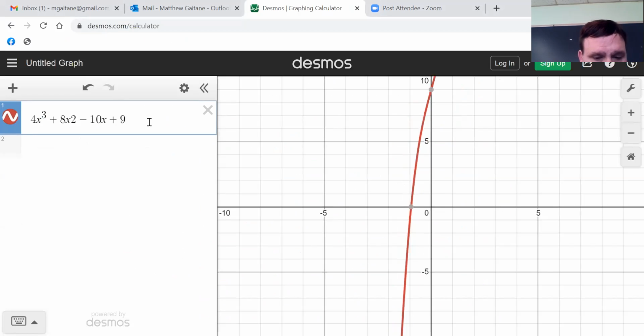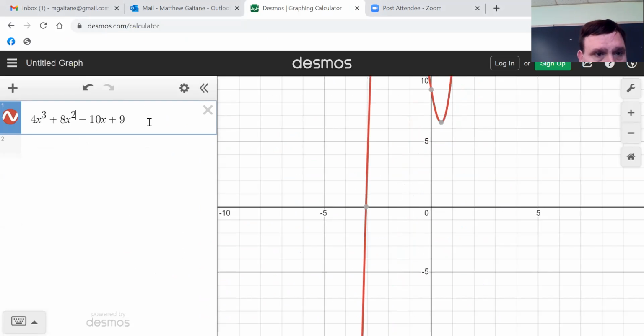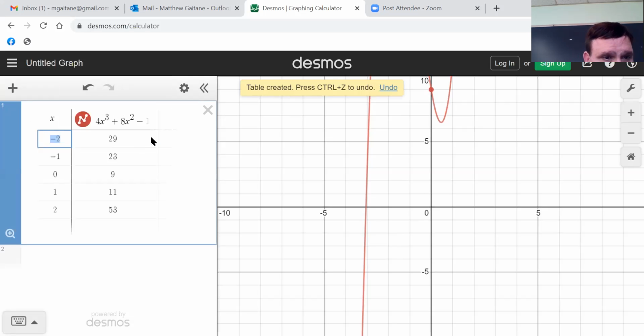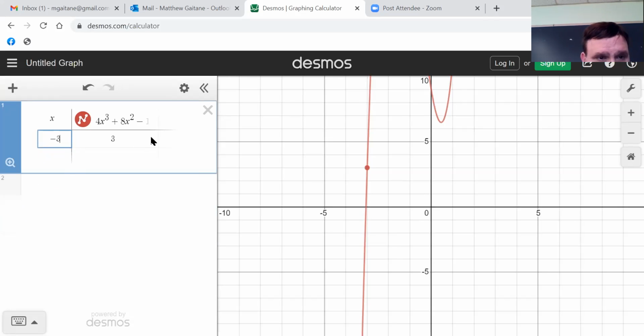Then when I did my table, my excluded value is negative 3, and it only gives you negative 2. It defaults to negative 2 to positive 2. So at negative 3, here you go. It's exactly what the remainder means. So when you're dividing this polynomial by 2x plus 6, you're at positive 3. You're like 3 units above the x-axis. Okay. So that being said, your remainder checks out.